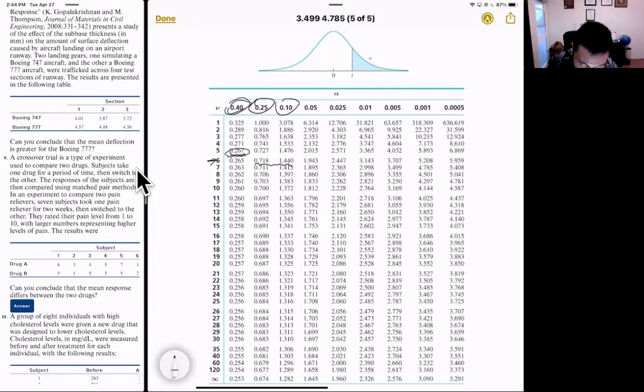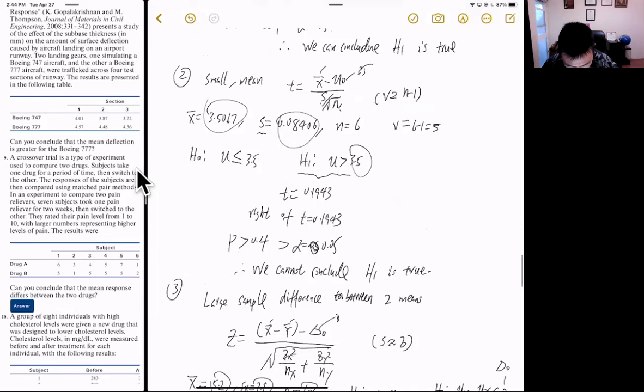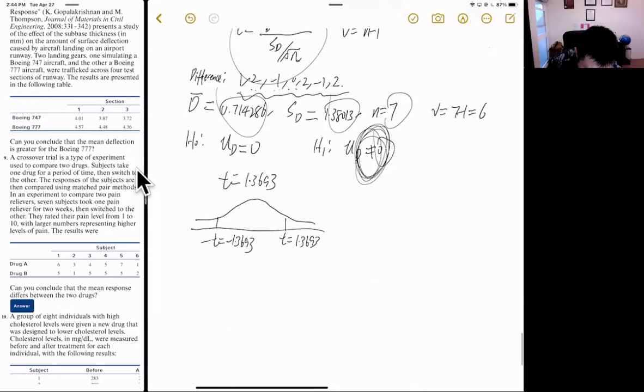Because that's two tails, 0.1 times 2 will be 0.2, and 0.25 times 2 will be 0.5. So the p-value will be between 0.2 and 0.5.